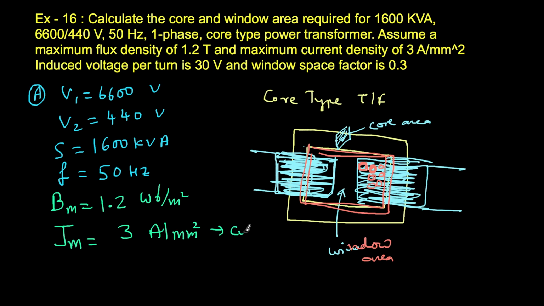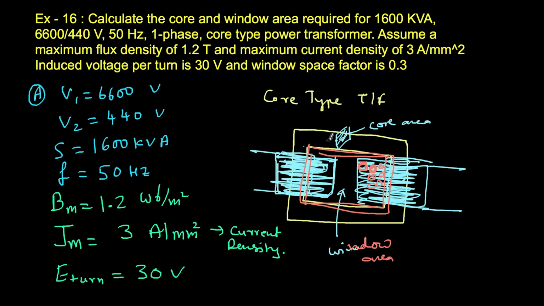So this is current density. I'm using capital J as a symbol. Induced voltage per turn is 30 volts. So let's write E per turn is 30 volts. And window space factor is 0.3.